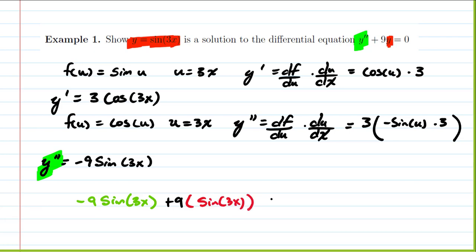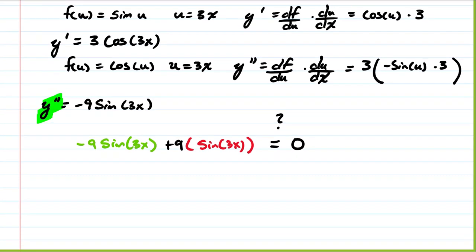And we want to know, does that equal 0? And indeed it does, because we get negative 9 sine 3x plus 9 times the sine of 3x equals 0. So it checks. So that was indeed a solution to that differential equation. So a solution is sine 3x.